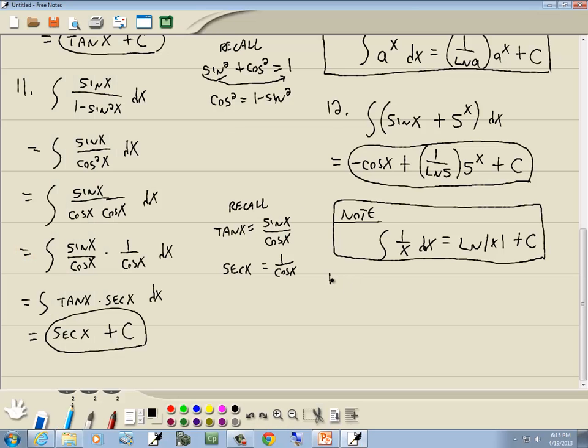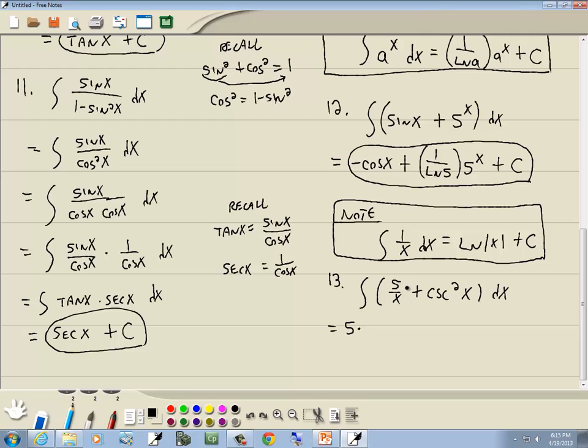So let's take a look at number 13. We've got the integral of 5 over x plus cosecant squared x dx. Now whether we have the 5 up on top or out in front, it's still just a number that just remains there. So I'll keep the 5 there.